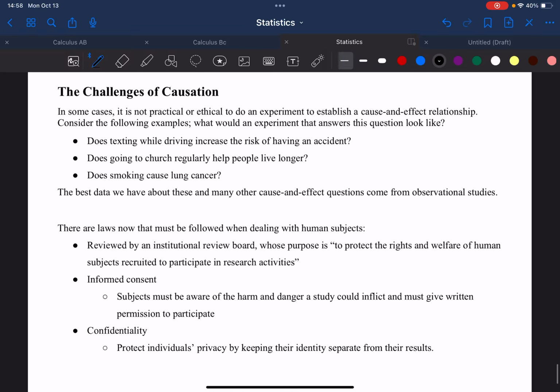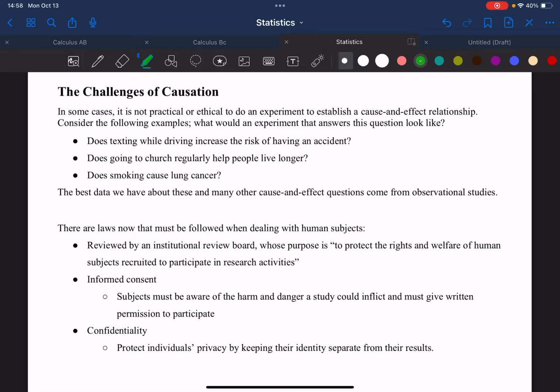Okay. The challenges of causation. In some cases, it's not practical or ethical to do an experiment to establish a cause and effect relationship. Consider the following examples. What would an experiment that answers this question look like? Does texting while driving increase the risk of an accident? Well, that's unethical to test because we would have to have some people text while driving and some people not text while driving.